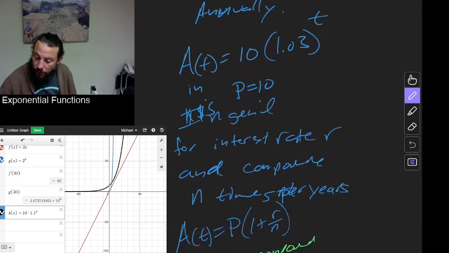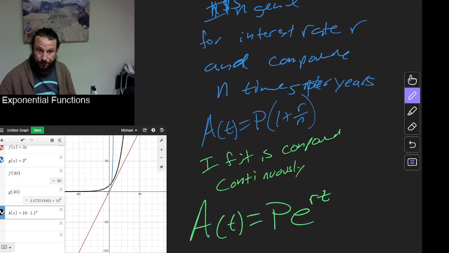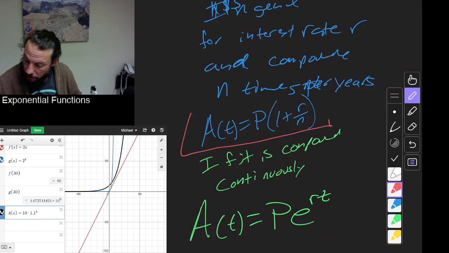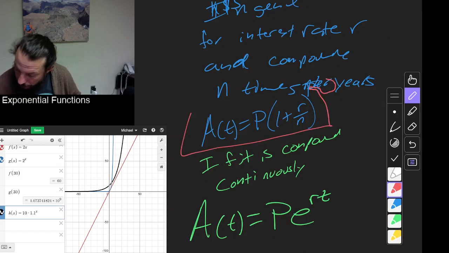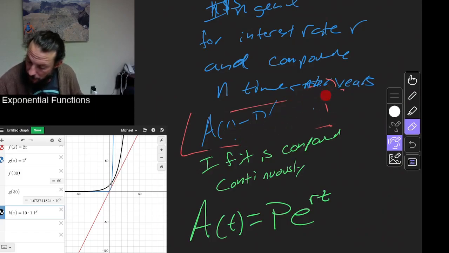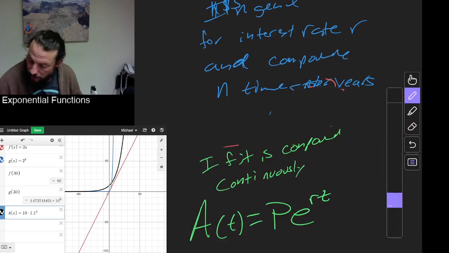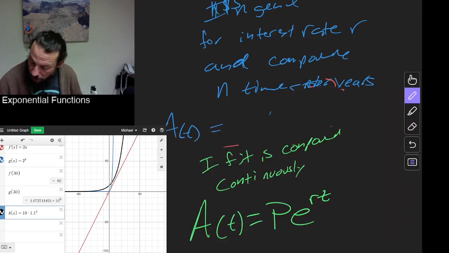In general, for interest rate r and compounded n times per year, we have a of t equals our principal that we put in the bank times 1 plus the rate divided by the number of times it's compounded per year, all raised to the n times t.